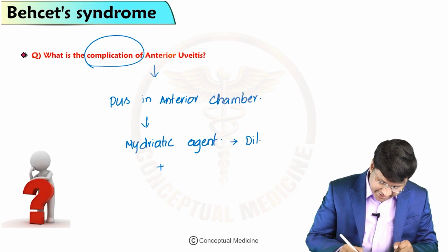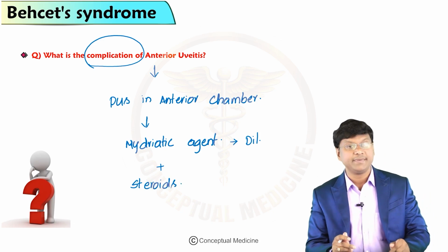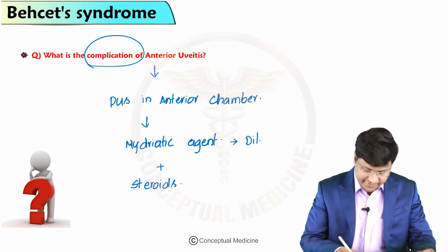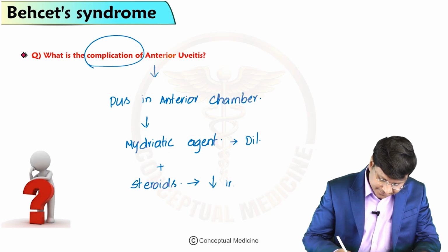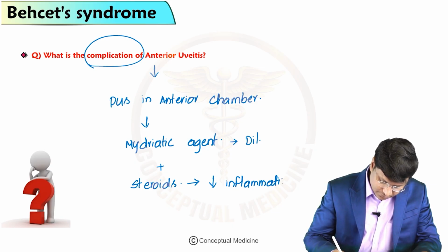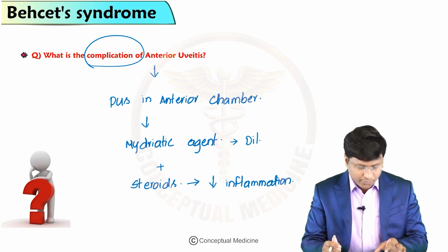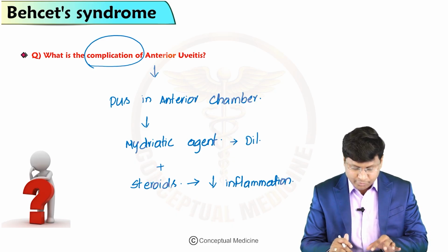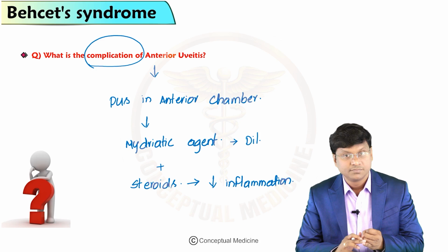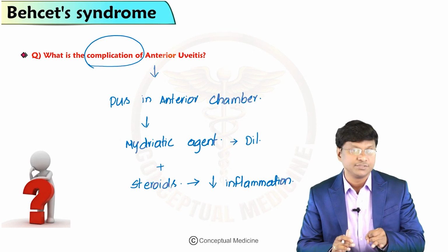And along with the mydriatic agent, you need to give steroids. And when you give steroids, they will diminish the inflammation. So whenever there is accumulation of pus in the anterior chamber secondary to anterior uveitis, you have to give both: mydriatics to dilate the pupil and steroids to diminish the inflammation.